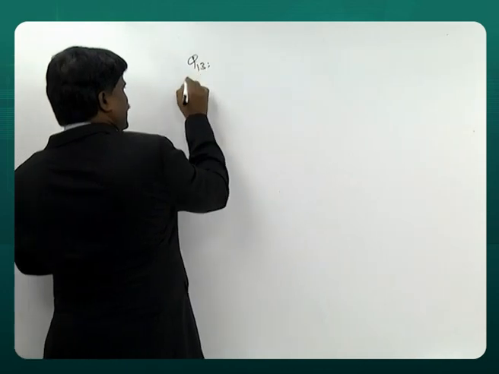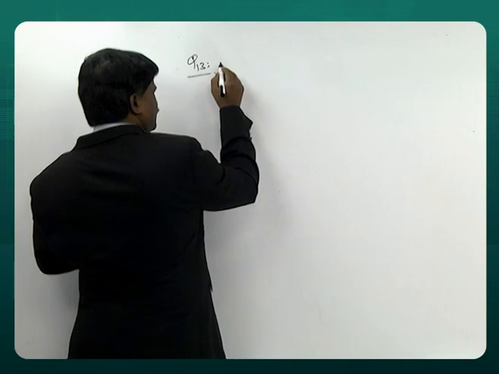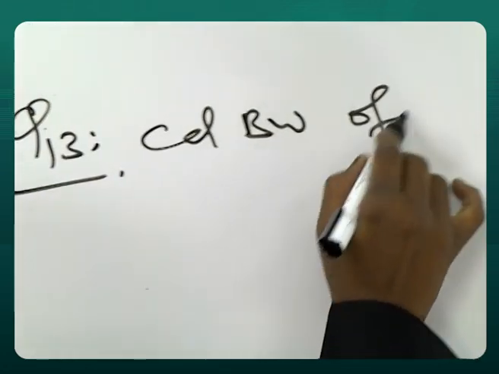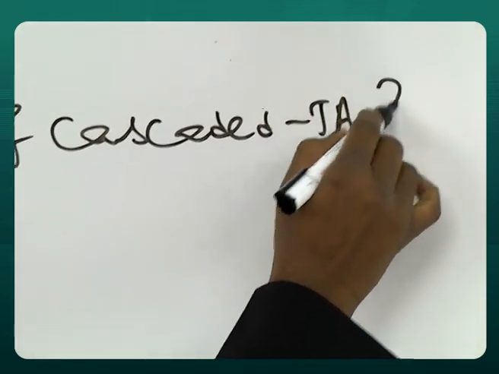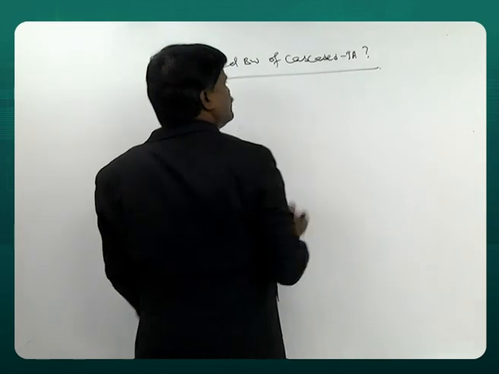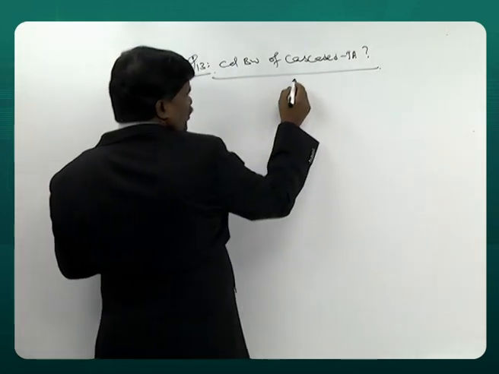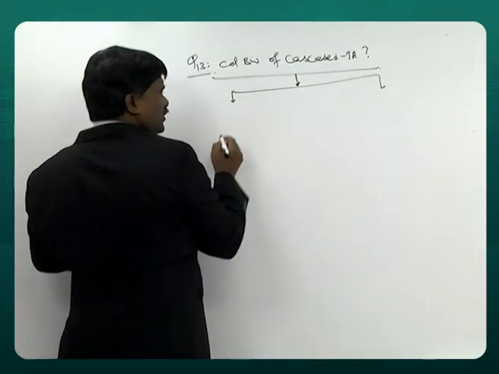These are being used nicely. Question number 13. Calculate bandwidth of cascaded tuned amplifiers. As we know, tuned amplifiers are of so many types.